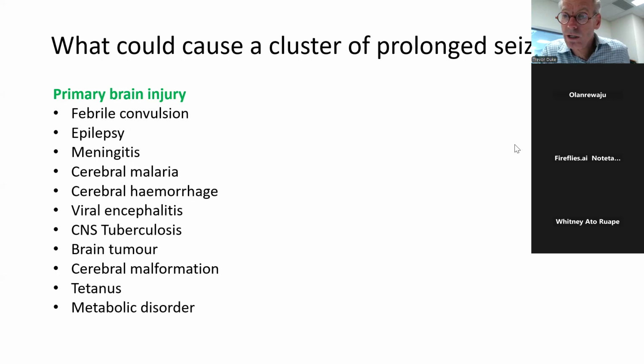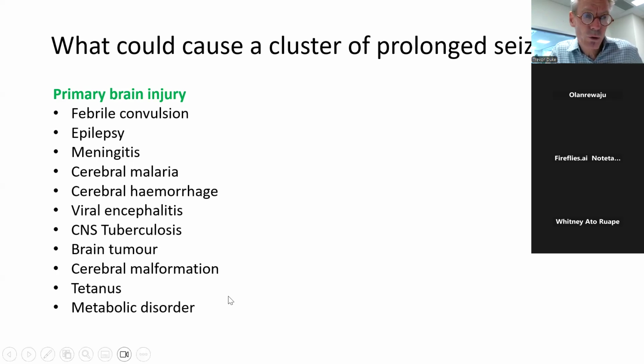And then there's a range of metabolic disorders, inborn errors of metabolism, where usually there's some clues to the fact that the child might have one of those, and they usually present in the neonatal period or in infancy with seizures. So it's good to have a list in your mind as to what might cause prolonged seizures.